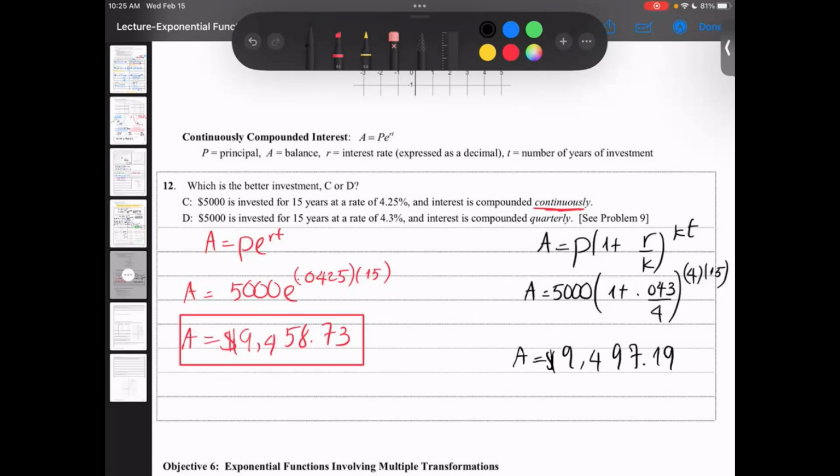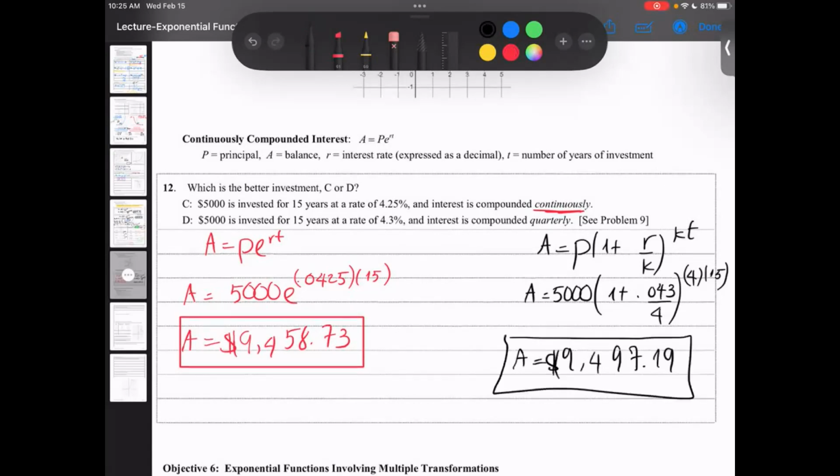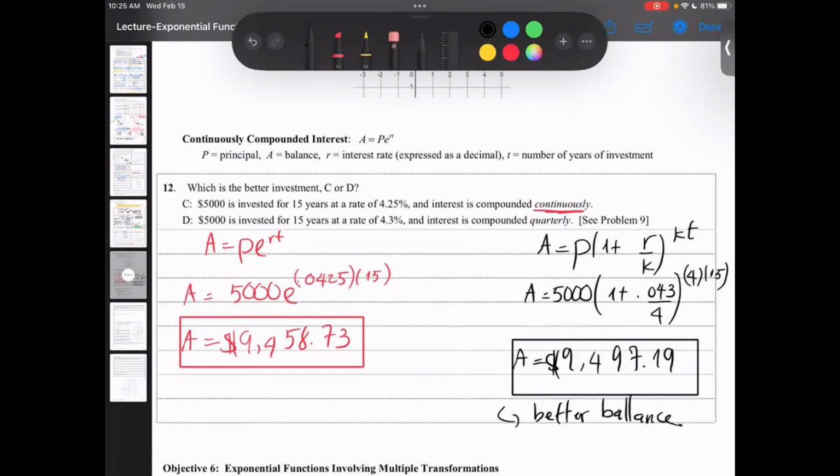So which one gives you a better balance? Quarterly, right? Continuous has its own advantage, but what accounts for this is the rate. Remember, the rate for compounding quarterly is slightly higher. The rate is really important.